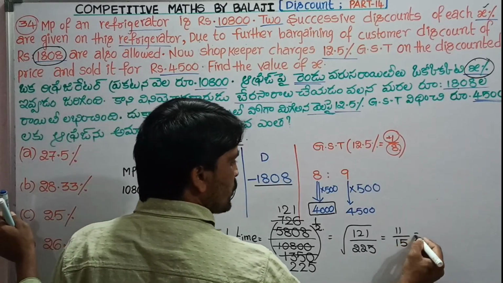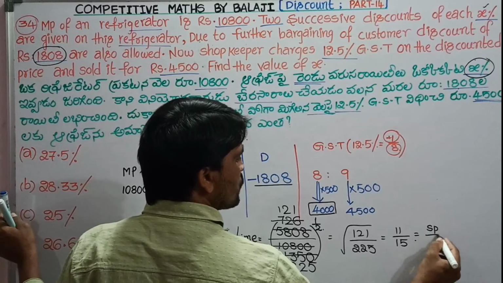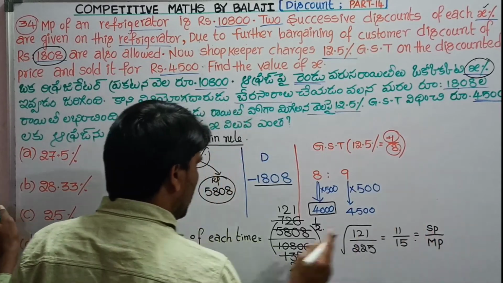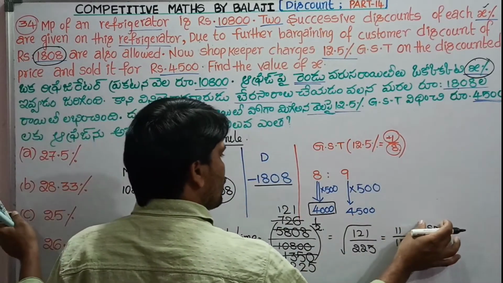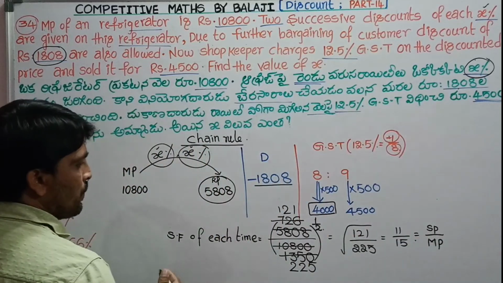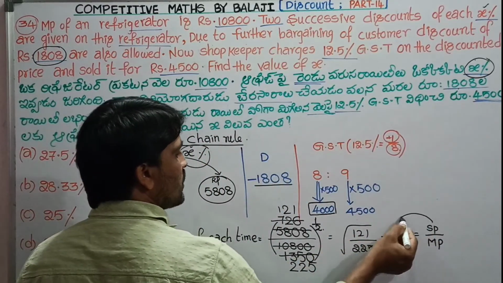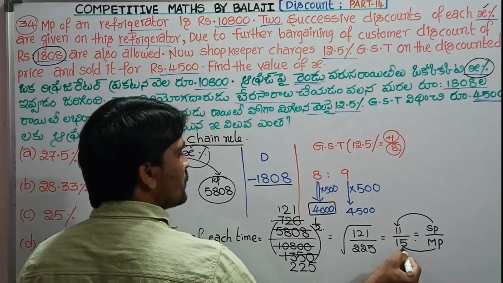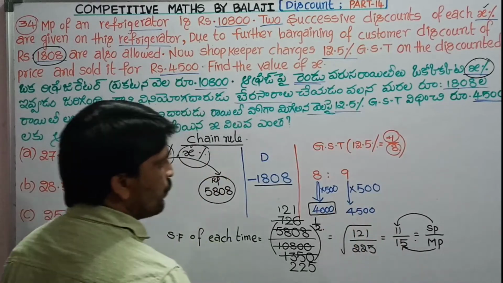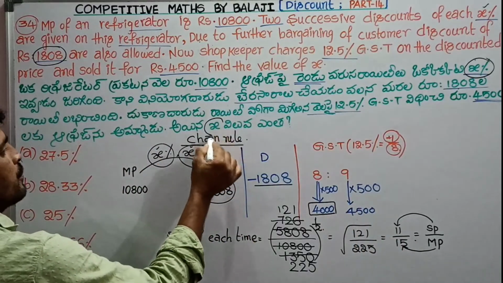That is the ratio of selling price to market price. Scaling factor is nothing but the ratio of selling price to market price. So if selling price is 11 units, market price is 15 units, discount is 4 units. We have to find the X value.